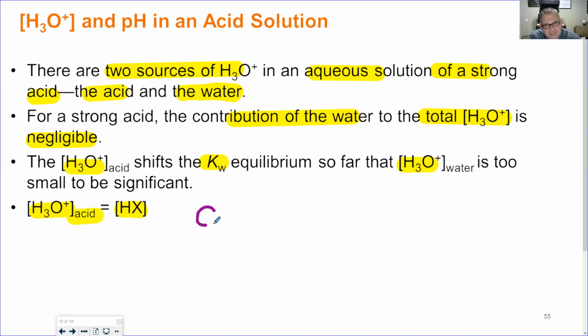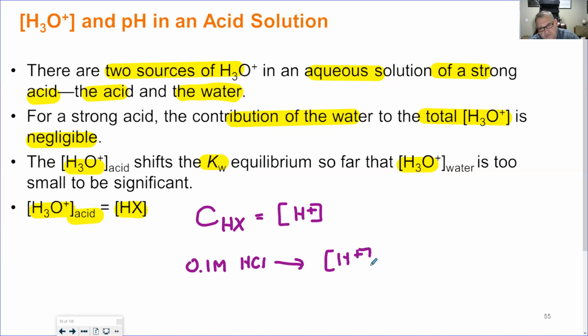I will write it as a lowercase c to represent the concentration of the strong acid, and that it's just equal to the molar concentration of the hydronium ion. For example, if I had 0.1 molar hydrochloric acid, a strong acid, that would tell me that the concentration of the H plus is equal to 0.1 molar.